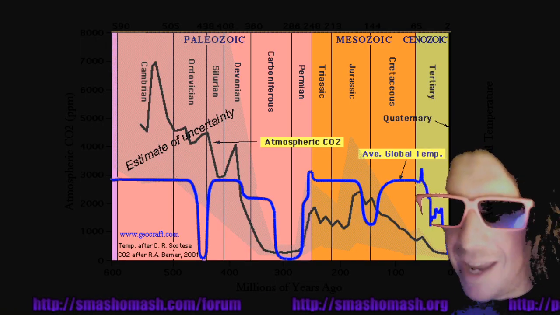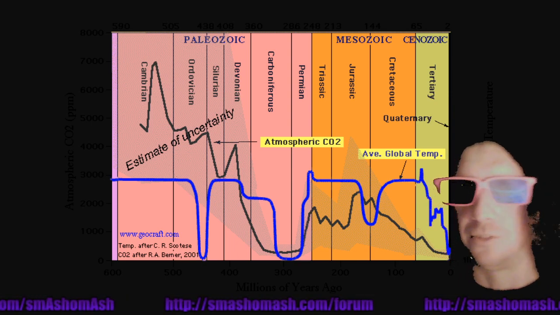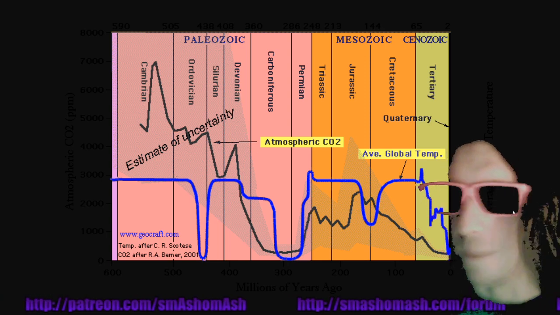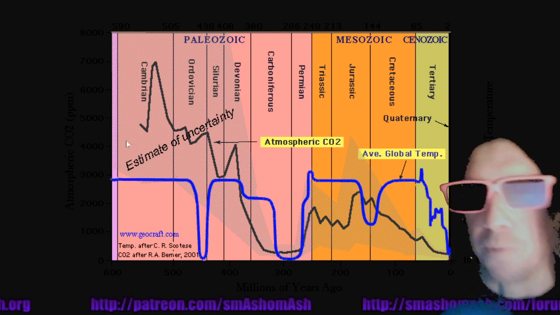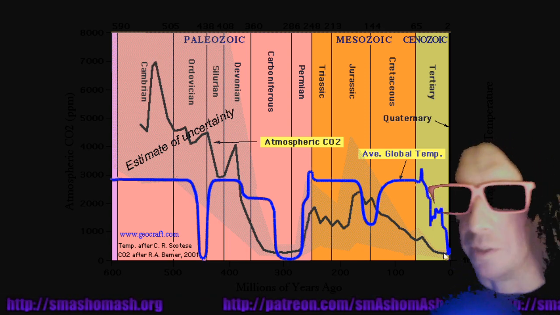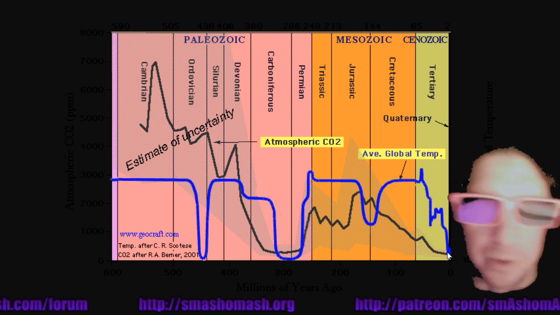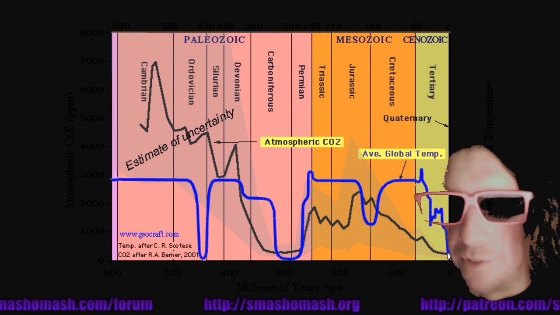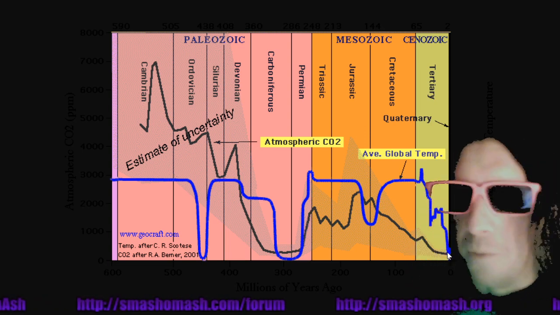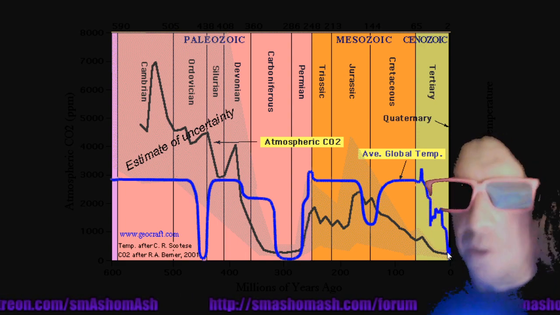As you can see way down here in the right-hand corner, there's your current CO2 levels at around 400 parts per million. So back here, we're at 7,000 parts per million. And nowadays we're at 417 parts per million or something like that. Please correct me if I'm wrong in the comments, but the point remains that CO2 is not dangerous.